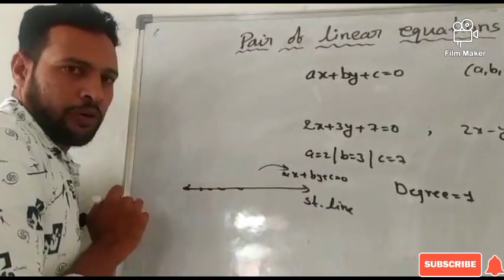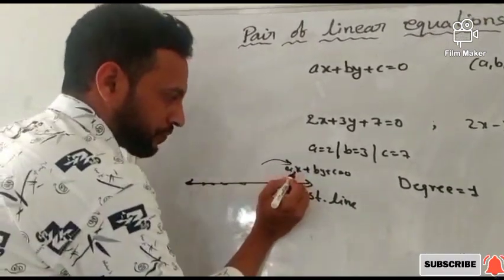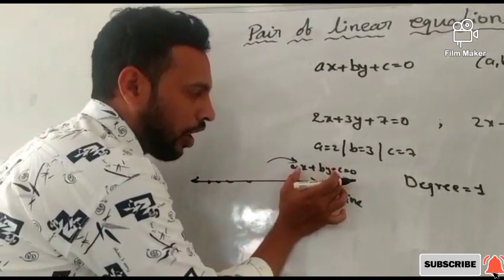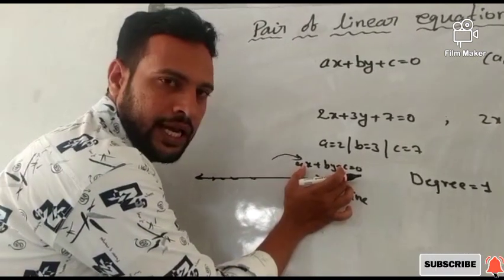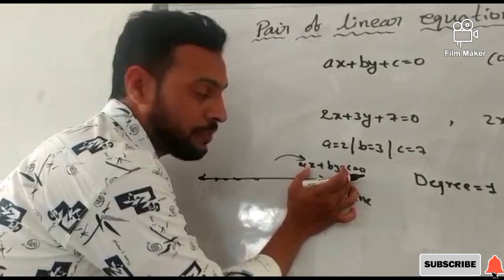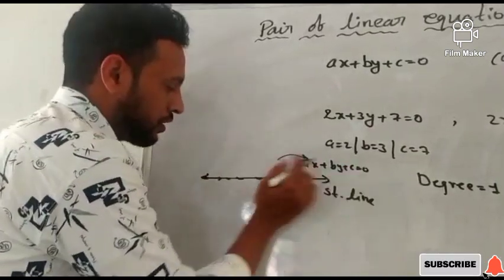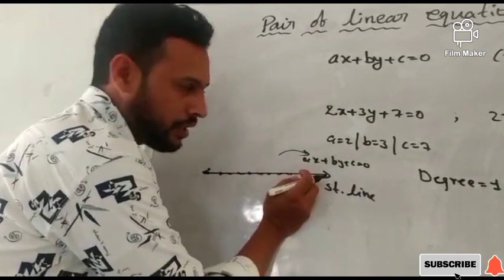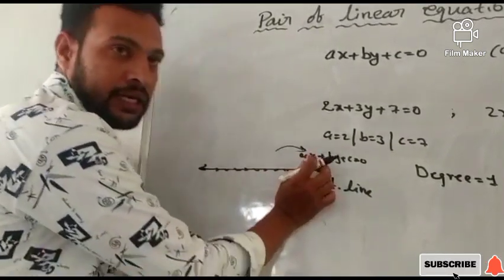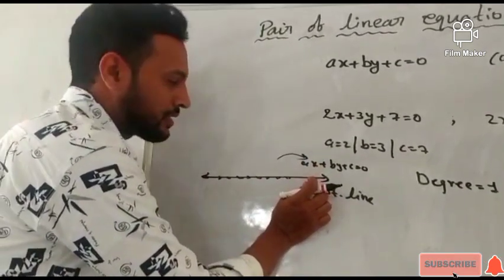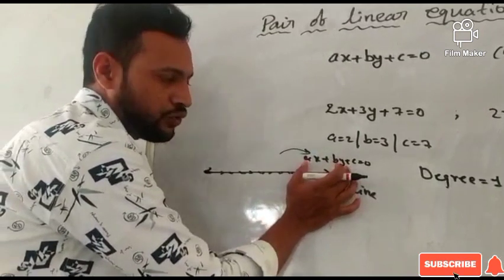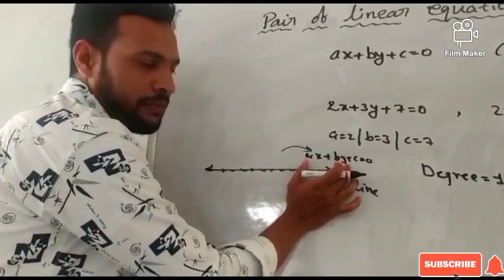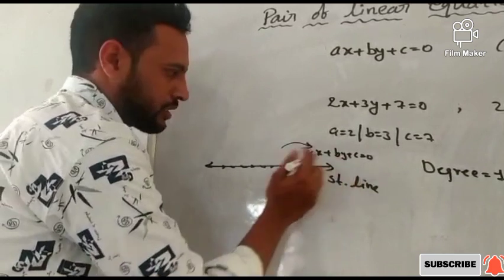One more important point: how many solutions does ax plus by plus c is equal to 0 have? All these points are said to be solutions. So a linear equation in two variables has infinitely many solutions.